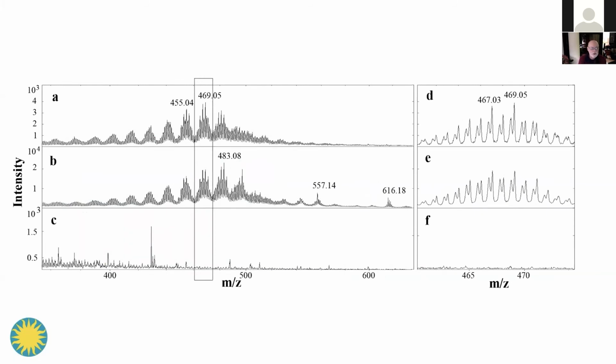And right below it in B is the mass spectrum of blood, pig blood that we got as a positive control. And it's an exact match. In C at the bottom, that's the mass spectrum of the material in the rock matrix adjacent to the mosquito. No heme there, but there was heme in the fossil mosquitoes, preserved after 46 million years.